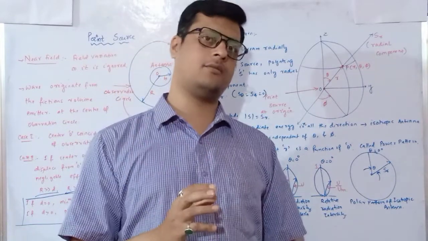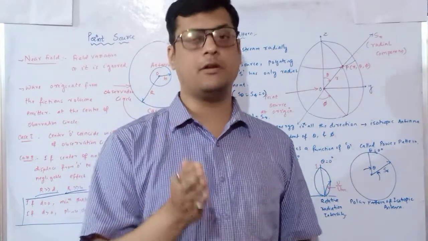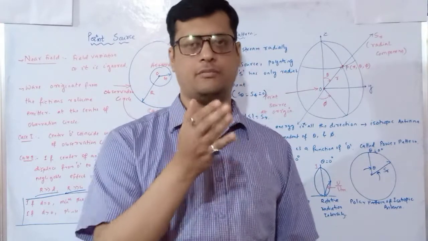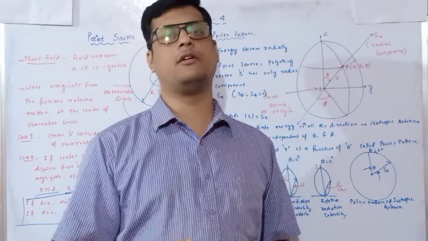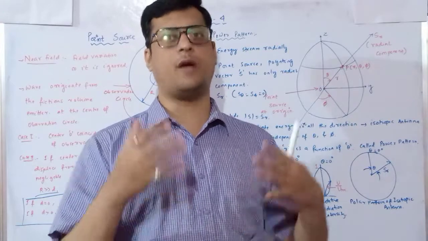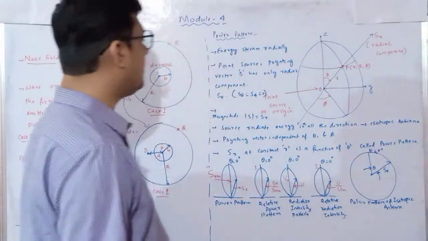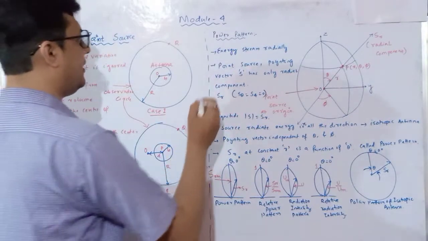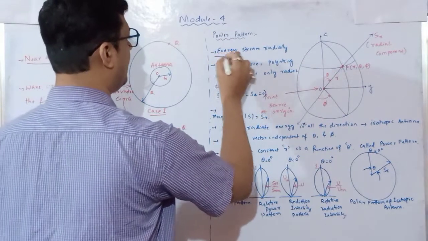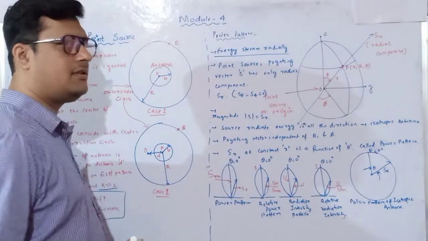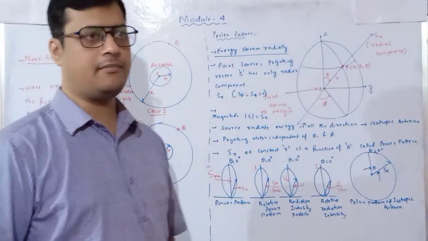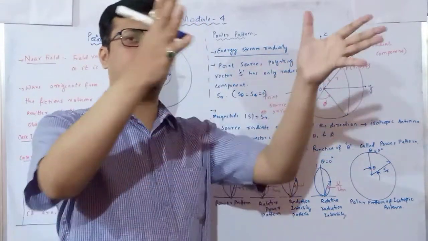According to that vector we come to know in which particular direction the power is going to flow, be radiated, or be observed. For that, some considerations are needed: energy must be streamed radially, that means energy must be propagated radially.